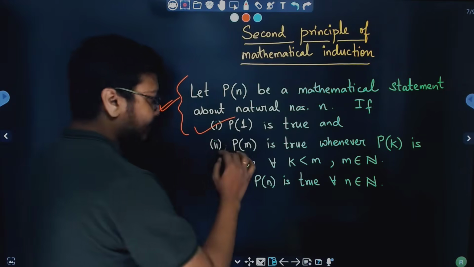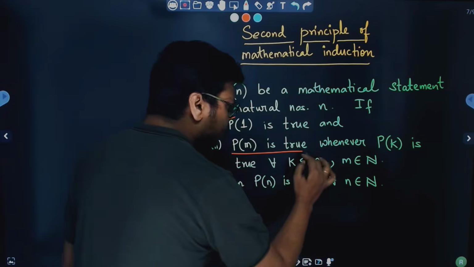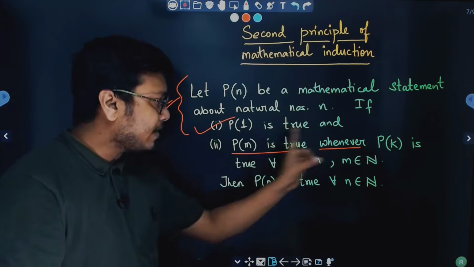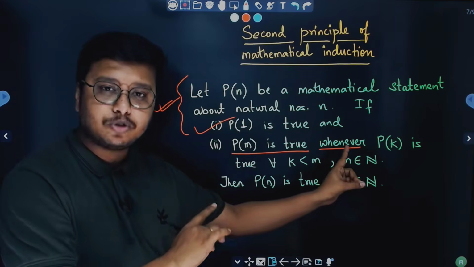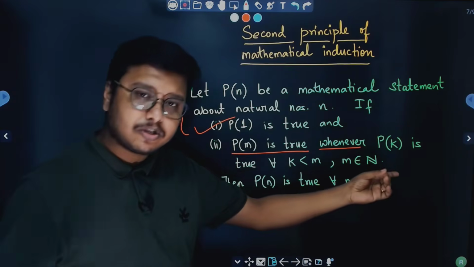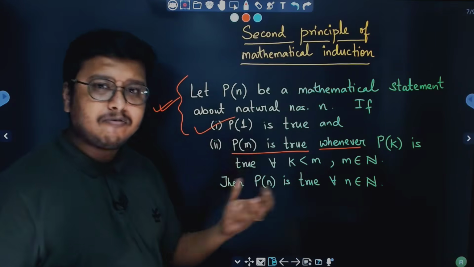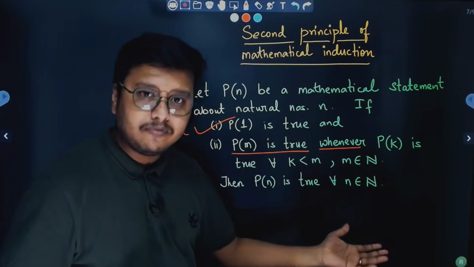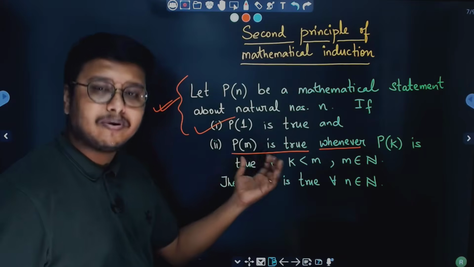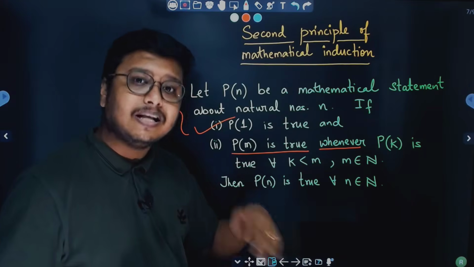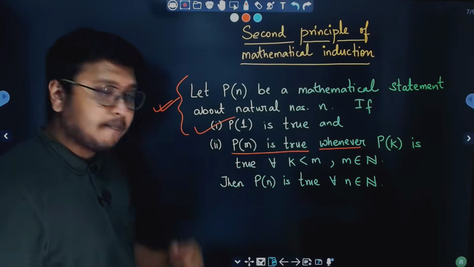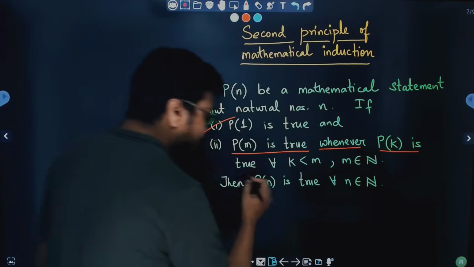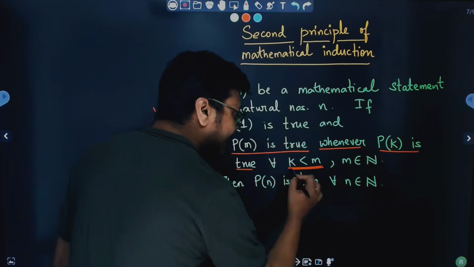Here it is saying that Pm is true whenever, now remember, in the first principle it should have been whenever the previous statement is true, right? Or we were actually saying that Pm plus 1 is true whenever Pm is true. So that's equivalent to saying that Pm is true whenever Pm minus 1 is true. That was our first principle. But here it is saying that whenever Pk is true for all k less than m.